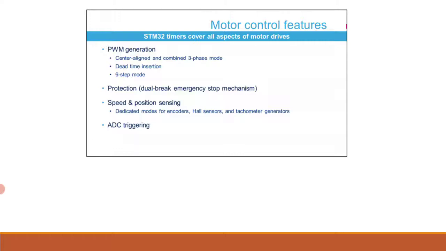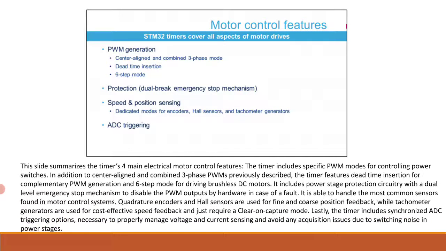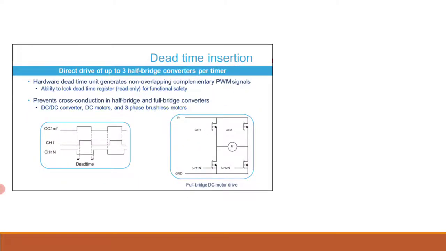Dead time insertion, so we will discuss it immediately after this. Hardware dead time generation provides two non-overlapping complementary PWMs for a reference PWM signal. The STM32 timer includes up to 3 dead time generators for OC1, OC2 and OC3 channels.